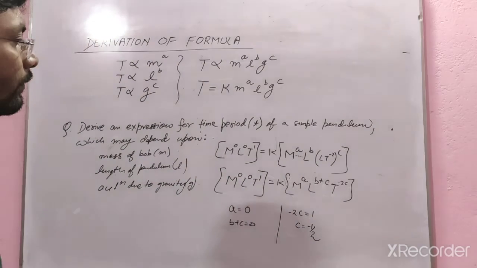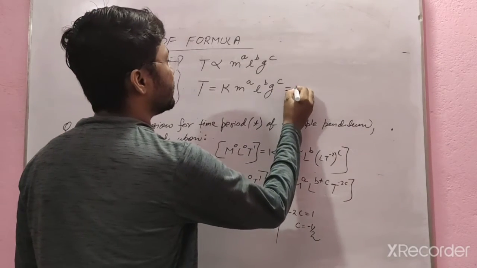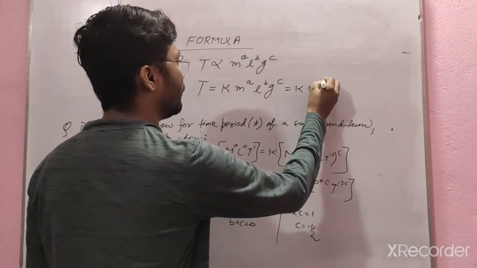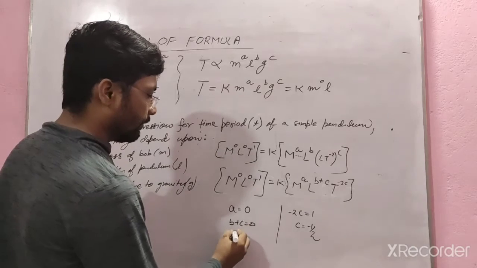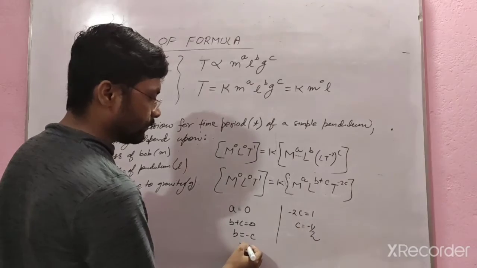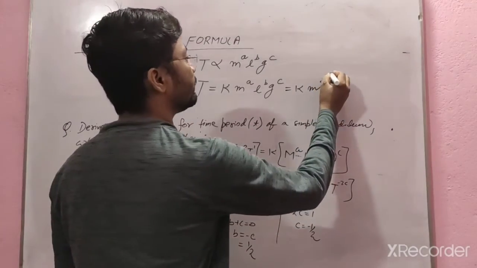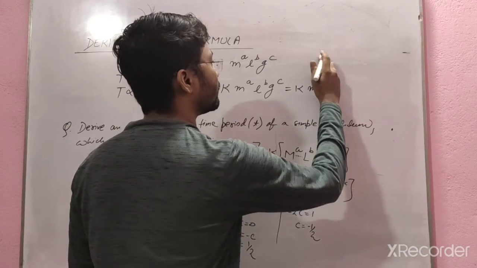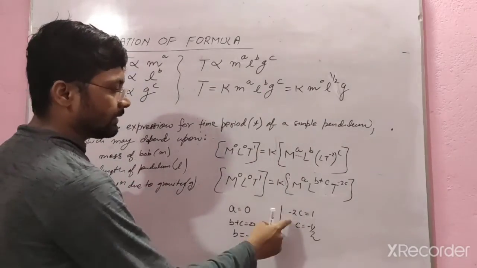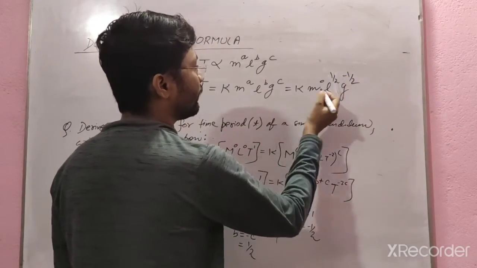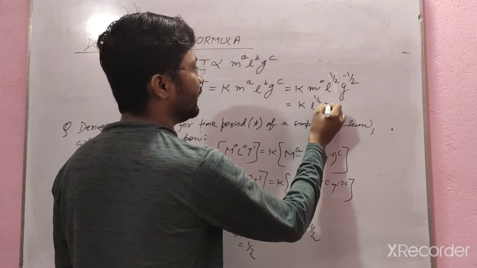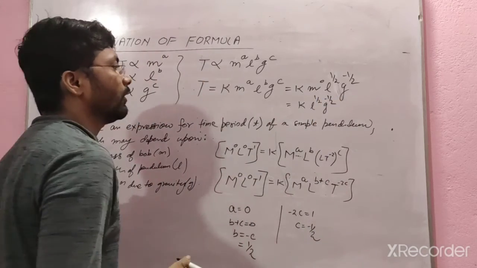Okay. So we can say that this equals k, m to the power a, and a is 0, L to the power b. b equals minus c, and the value of c is minus 1/2, so b is 1/2. g to the power c, c is minus 1/2. m to the power 0 is 1. So k, L to the power 1/2, g to the power minus 1/2.